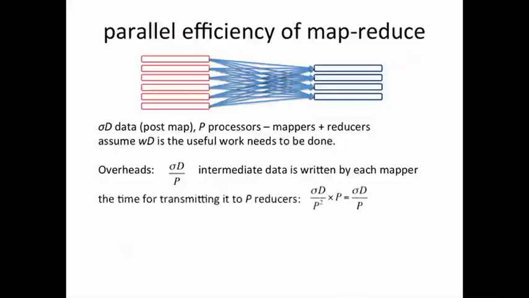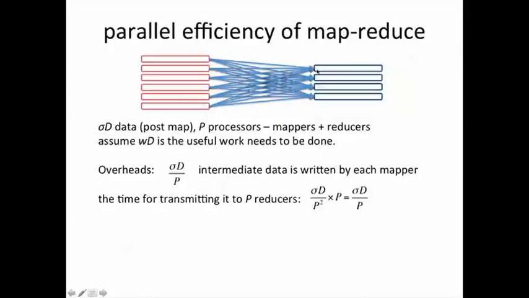Next, this data has to be read by each reducer before it can begin reduce operations. So each reducer has to read sigma d over p squared, that is 1/pth of the data from a particular mapper. Since there are p different reducers, 1/pth of the data in a mapper goes to each reducer.